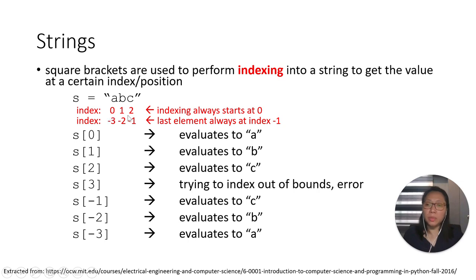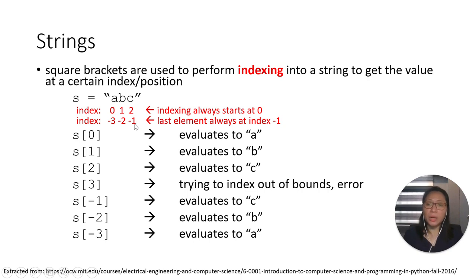Here in indexing, if we start from left to right, the index starts with 0, which is the convention. We often refer to strings using this indexing method, from 0 up to the end of the string, left to right. However, in Python we can also use indexing starting from the last element of the string.